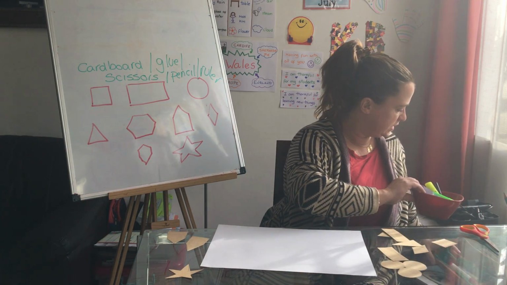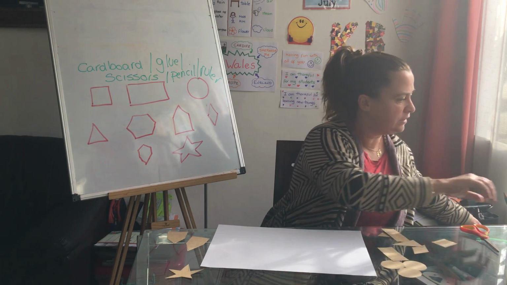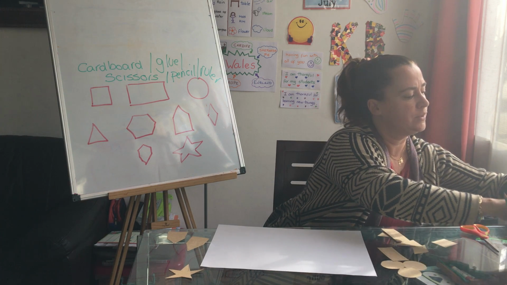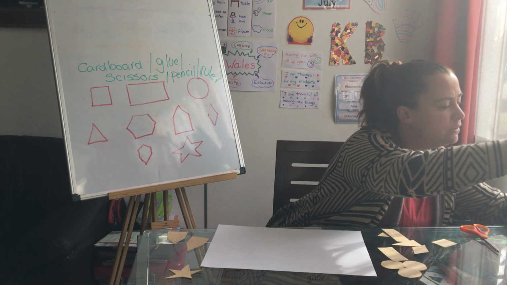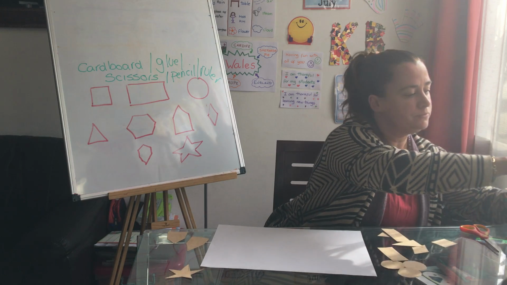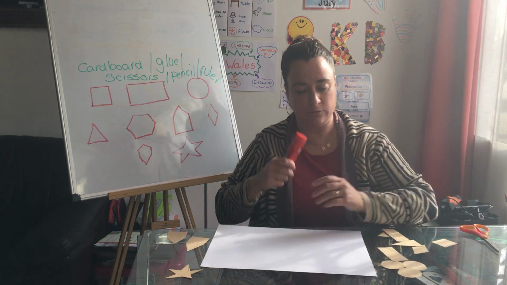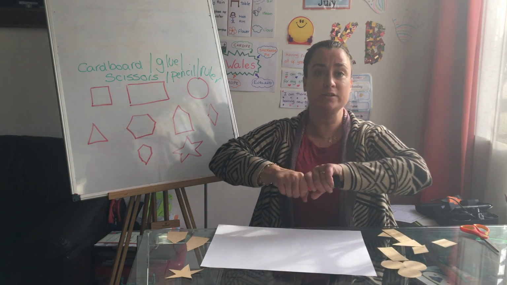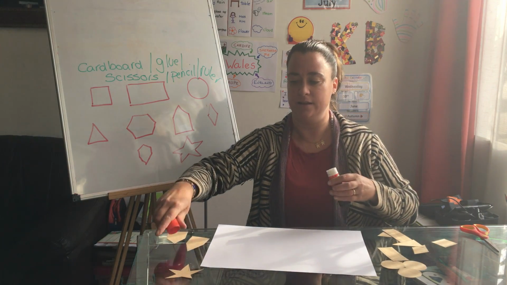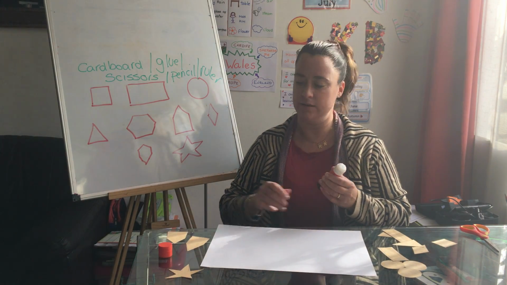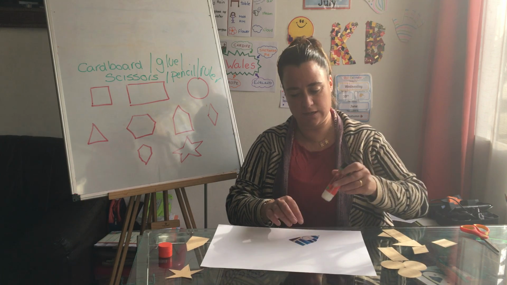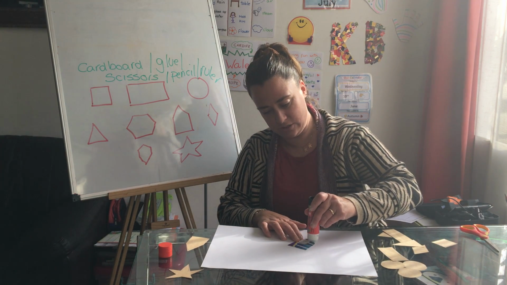Give me just a minute because I can't remember where I left my glue. Where is my glue? Somebody took my glue. No, it's right here. Glue. Okay. So I'm going to go and stick my 2D shape.